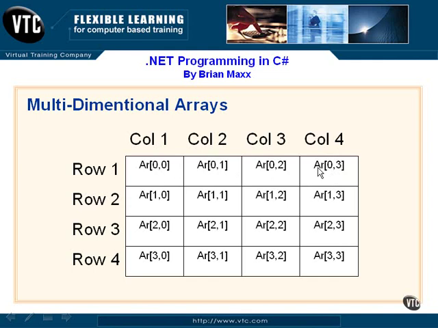So there's actually 4, but we start at 0. Same thing with rows. If you want to specify the rows, that's going to be the first side here, the left side, and that's how you would specify your arrays for multi-dimension. If you wanted to get to the second row of the third column, this is how you would actually reference it. This is how you would set that up in your statements.